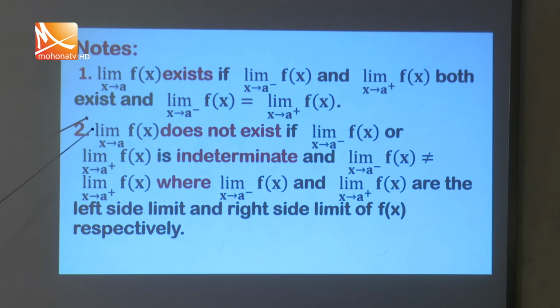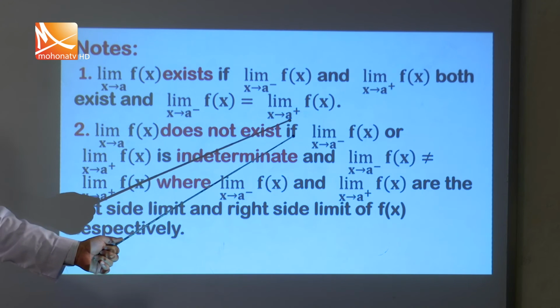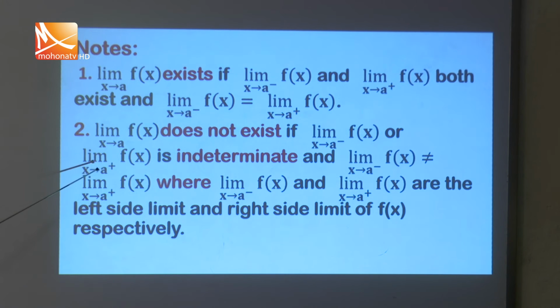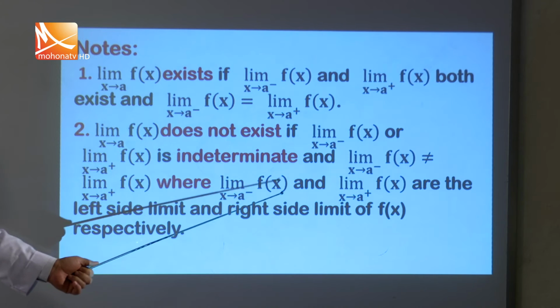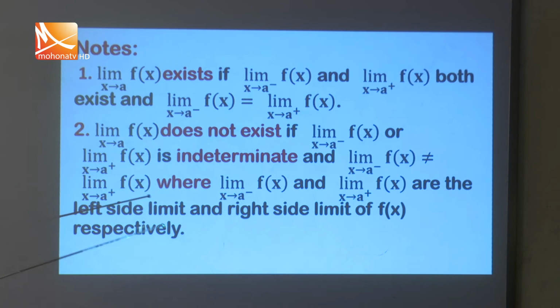And second one, the limit as x tends to a of f(x) does not exist if the limit as x tends to a minus of f(x) or the limit as x tends to a plus of f(x) is indeterminate, or both are unequal, where the limit as x tends to a minus and the limit as x tends to a plus are the left hand and the right hand limit of f(x) respectively.